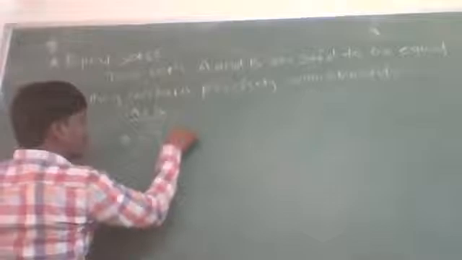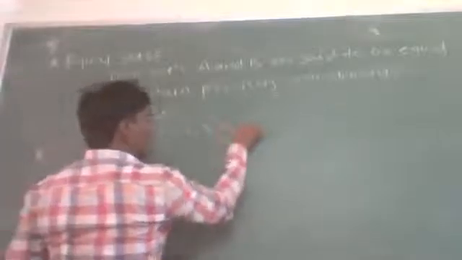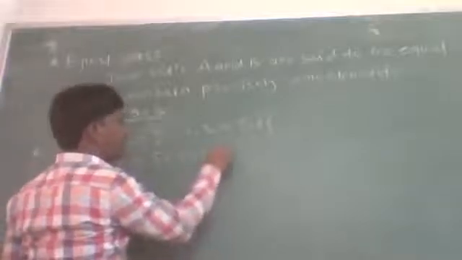Suppose A is a set which contains elements 1, 2, 3, 4, 5, 6, and B is a set which contains elements 6, 4, 5, 3, 2, and 1.